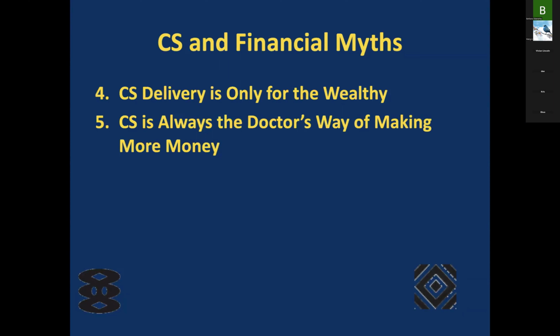And the other aspect I would like to talk about with the finances, the myth about the financial aspect, is the private sector. You hear this about the private sector a lot, that the private sectors are requesting cesarean sections to make more money. But you should keep in mind that all health workers sign an oath to do no harm, and we have the patient's best interest.